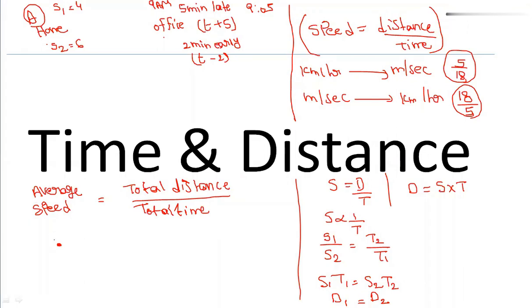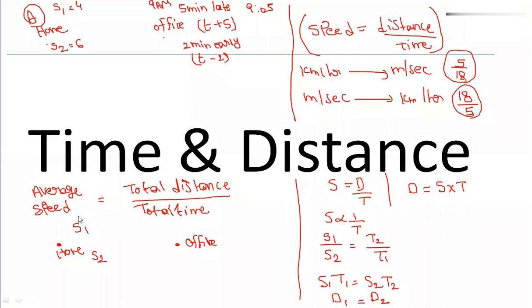Let's say this point is home and this point is office. While going, he went with a speed of S1. While coming, he came with a speed of S2. It's not only between home and office, but between any two fixed points, they will go with a certain speed and return with a certain speed.